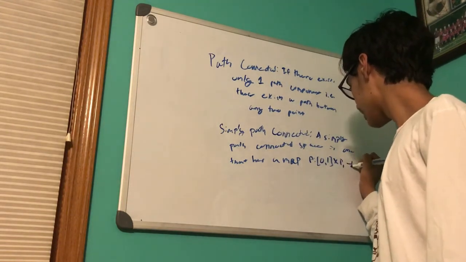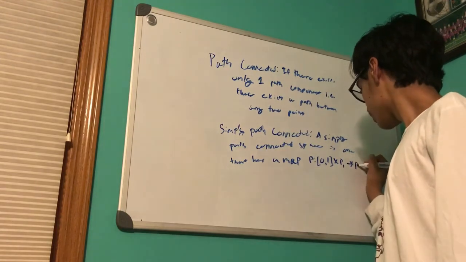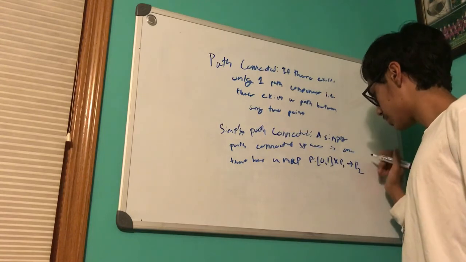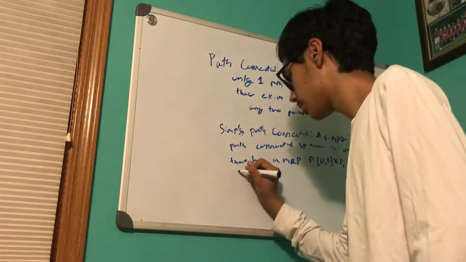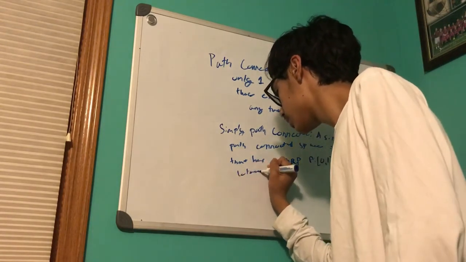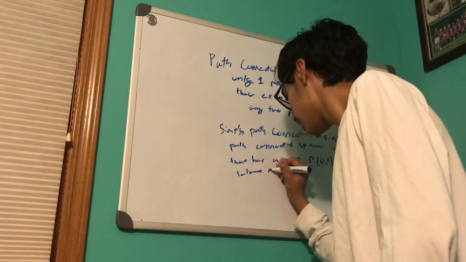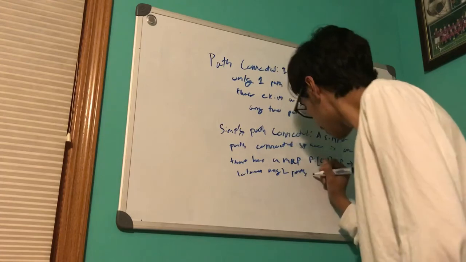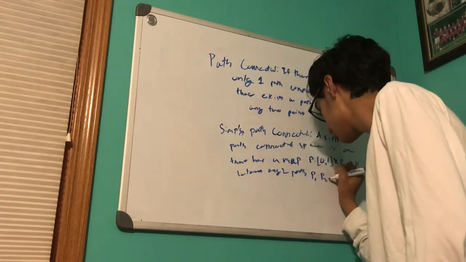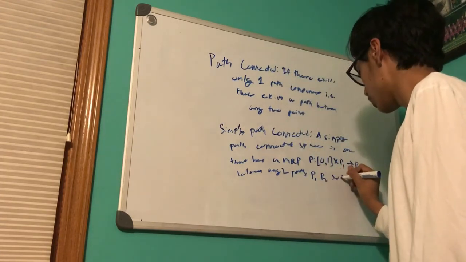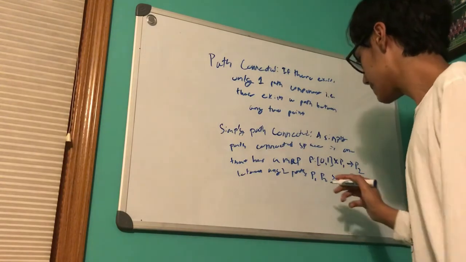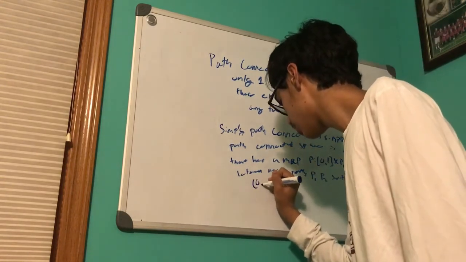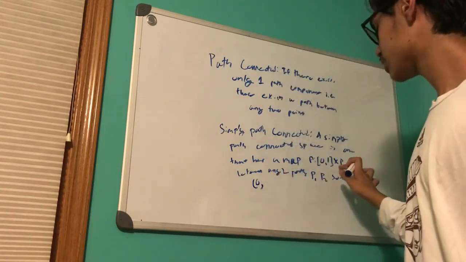It maps to our second path, I'm pretty sure. Between any two paths, P1, P2, so that it's a 0, and then of course it's just the path.